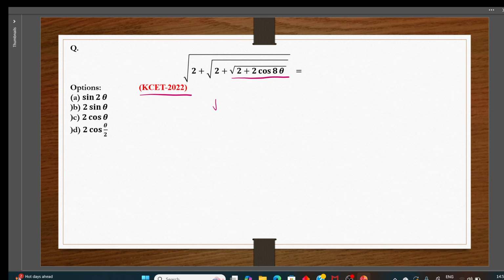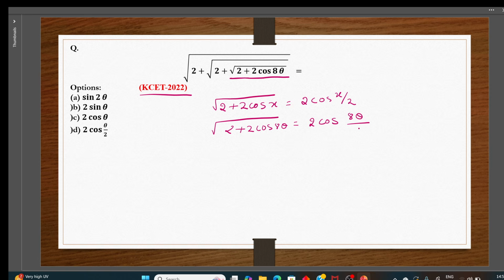We know the identity: square root of 2 plus 2 cos x is equal to 2 cos x by 2. So square root of 2 plus 2 cos 8 theta is equal to 2 cos 8 theta by 2, which is 2 cos 4 theta.